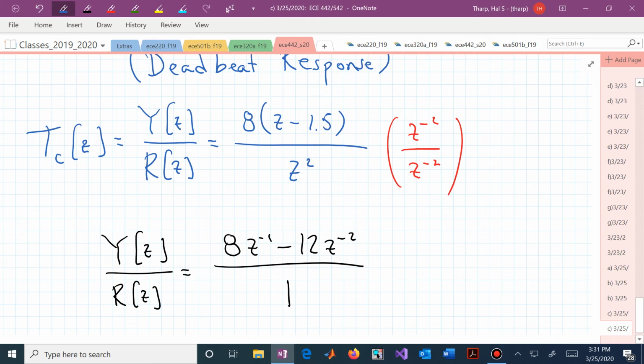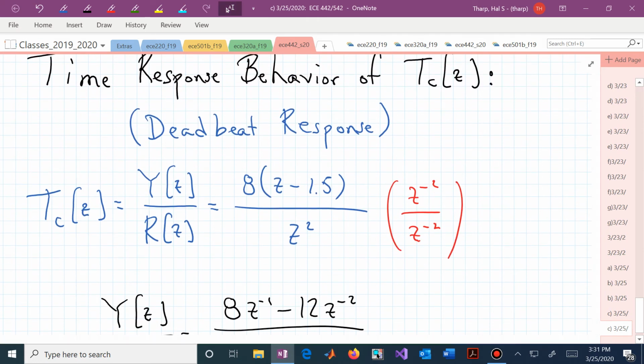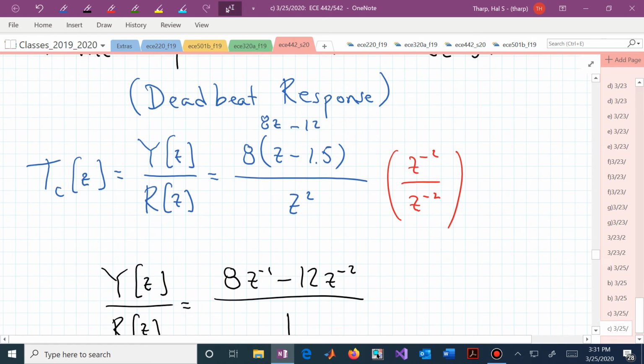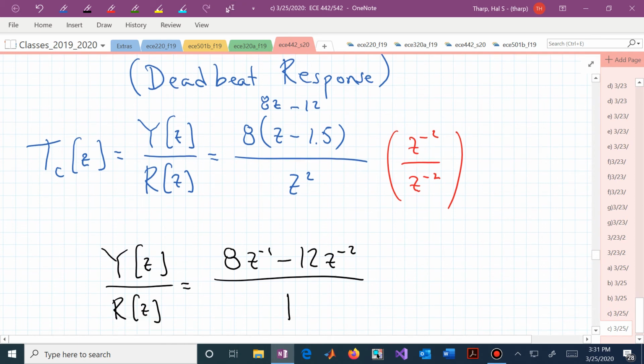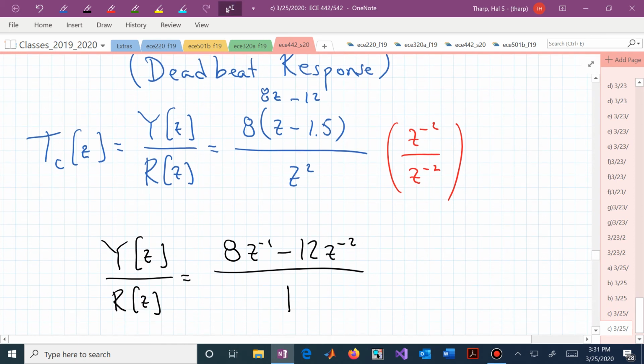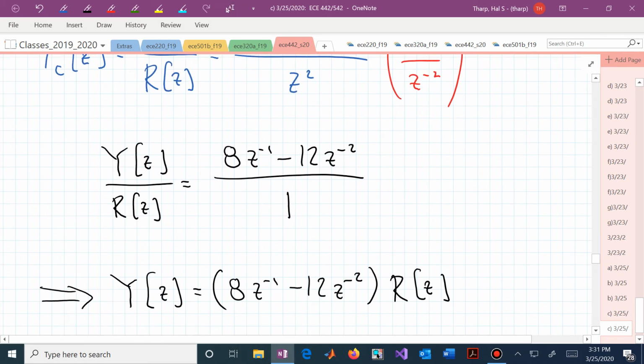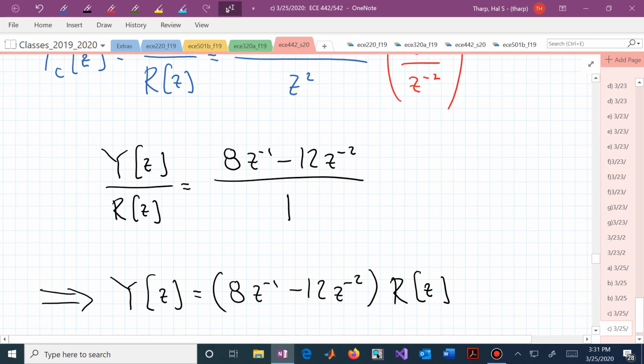But now if you distribute this around, this numerator is 8z minus 12. We distribute that z to the minus 2 through both terms, and we have 8z to the minus 1 minus 12z to the minus 2, and we have a 1 in the denominator. We do a cross multiplication, and we see y of z is equal to r of z scaled by 8z to the minus 1 minus 12z to the minus 2.